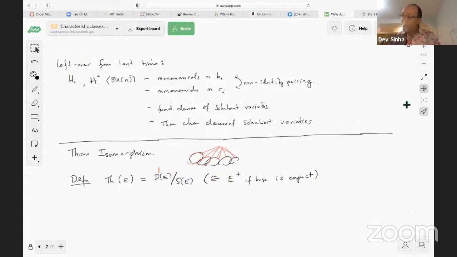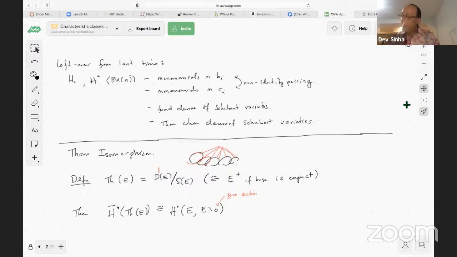So a basic fact is that if I'm looking at reduced cohomology or homology of the Thom space of a vector bundle, that's isomorphic to the cohomology of the pair (E, E minus the 0 section). I think Milnor and Stasheff call this E sub 0, but I'll say E take away the 0 section.